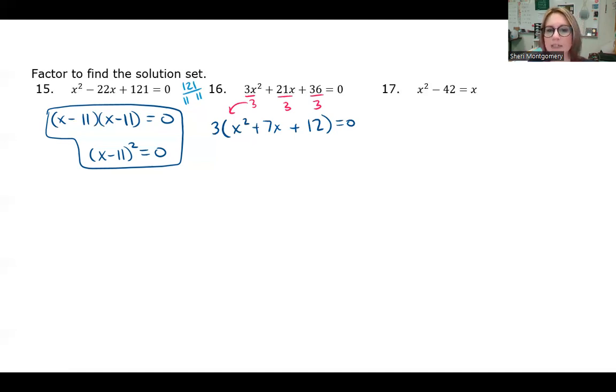So we're going to look for factors of 12: 1 and 12, 2 and 6, 3 and 4. Which one of those factor pairs can put together to give me 7? So I get 3. What are the signs going to be? Both positive because the whole problem is positive.